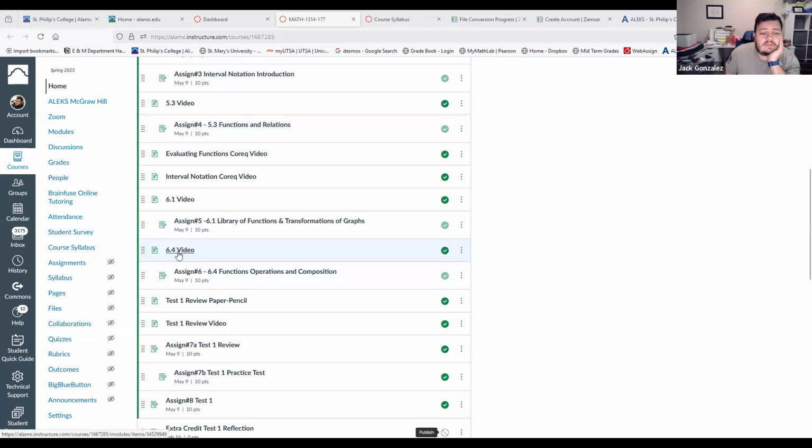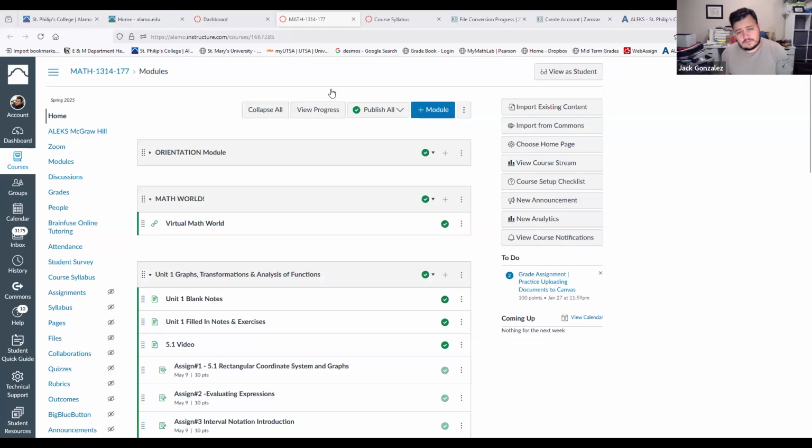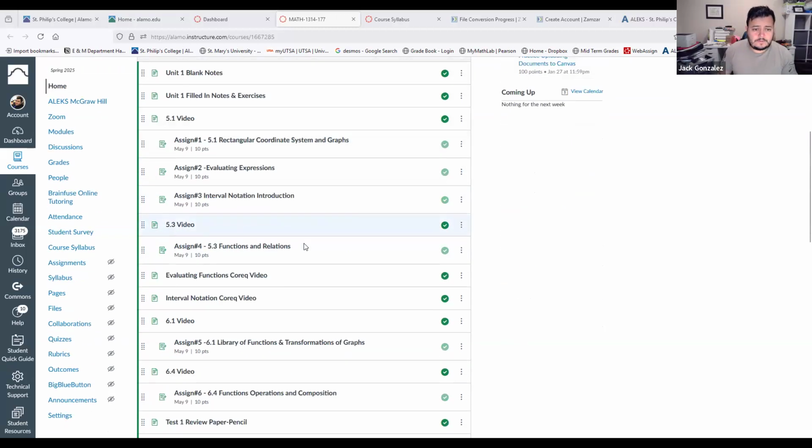So watch them before class. Even if you don't take notes, just see what's going on, and then when you get to actual class, it'll make a lot more sense. Okay, that's how I built this class. Watch the theory first, and then I show you how to solve it once you get here. If you only do one of them, it won't work as well.